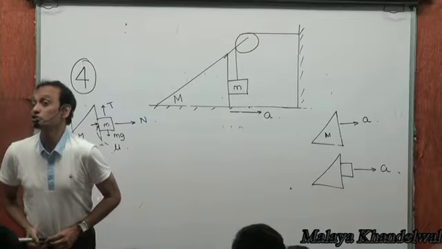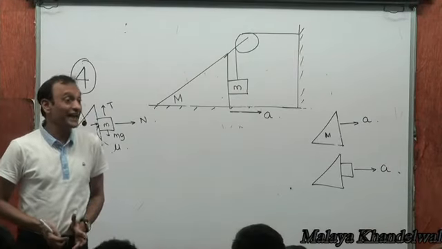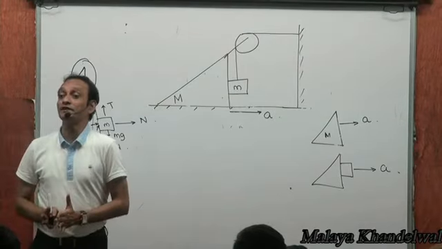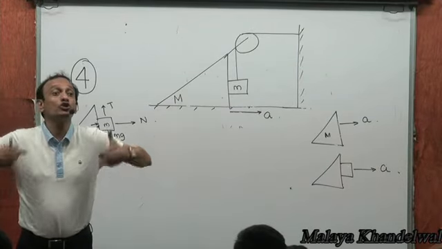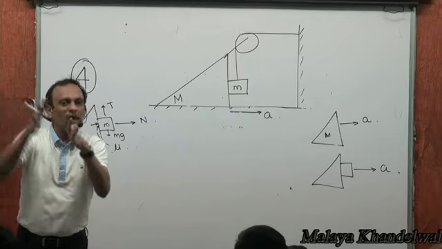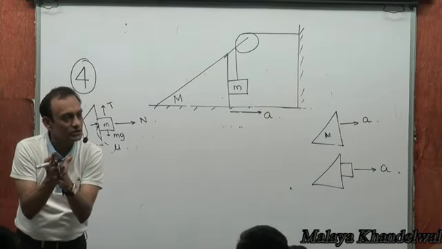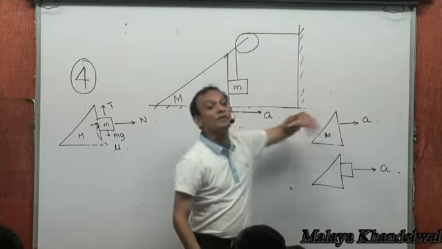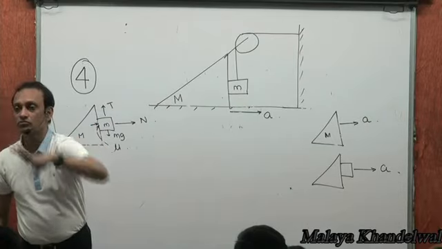Why? That's a wedge constraint. Don't have a choice. If it had an acceleration any different from a to the right, then the block and the inclined plane will lose contact. This is the condition to maintain contact. Wedge constraint: if two surfaces have to maintain contact, then along their common normal, they must have the same velocity, they must have the same acceleration.